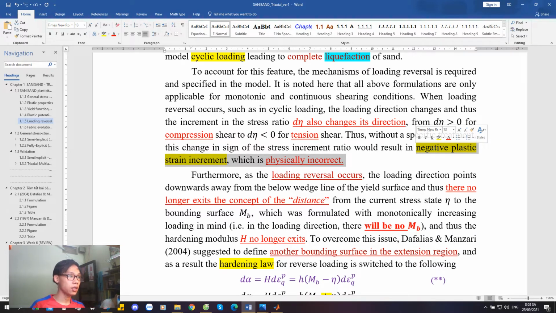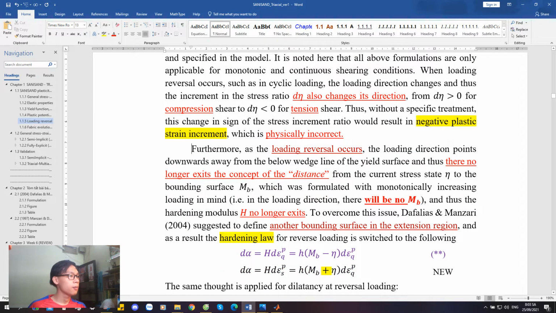For the first time, we need this on VB to be positive. That's why we have to change the derivation of the DC on dp. Furthermore, the loading reversal curve no longer exists.